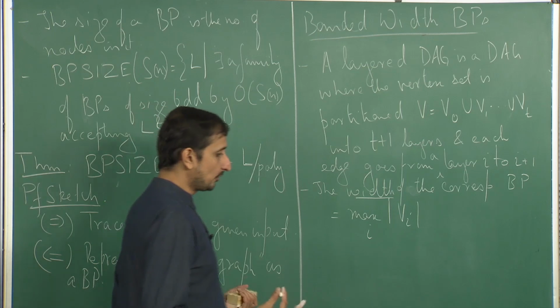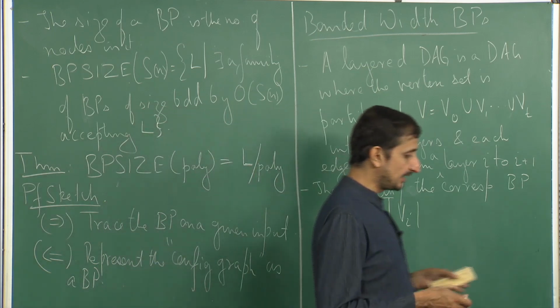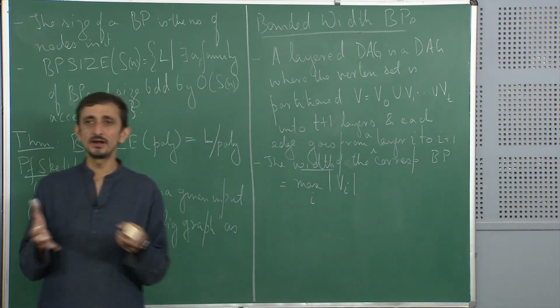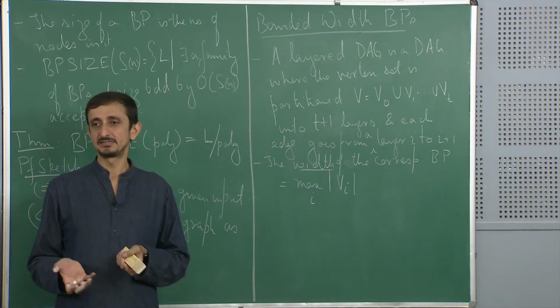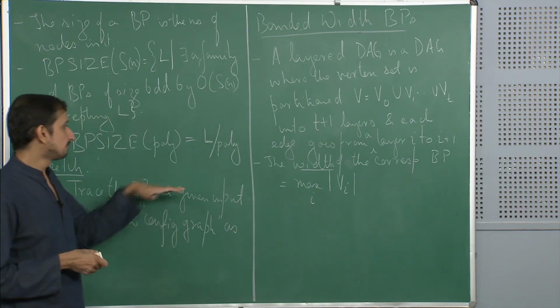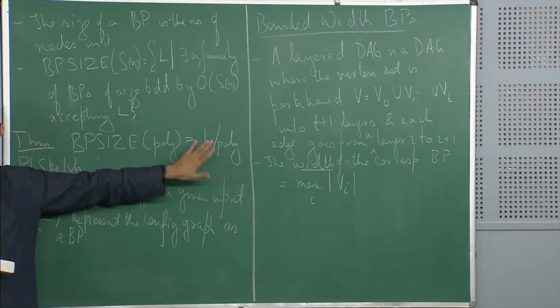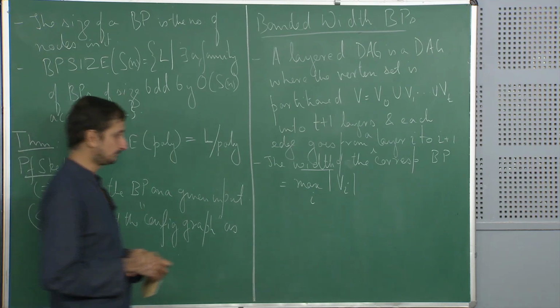So now we want to ask: if I look at branching programs which have bounded width, what is their complexity? How much is it restricted from the class L?